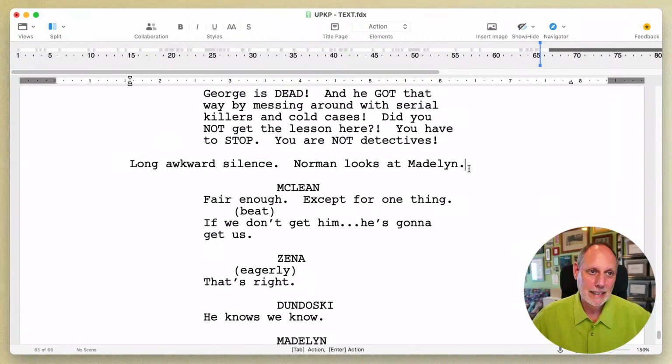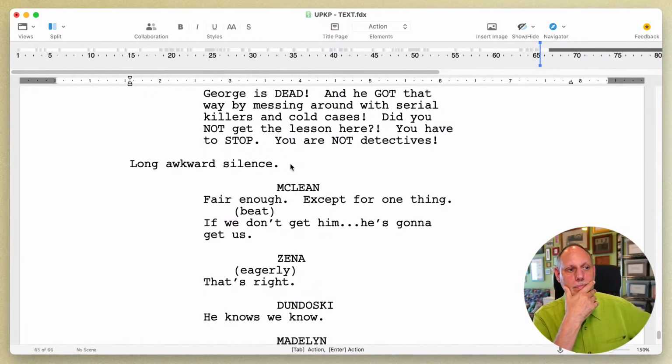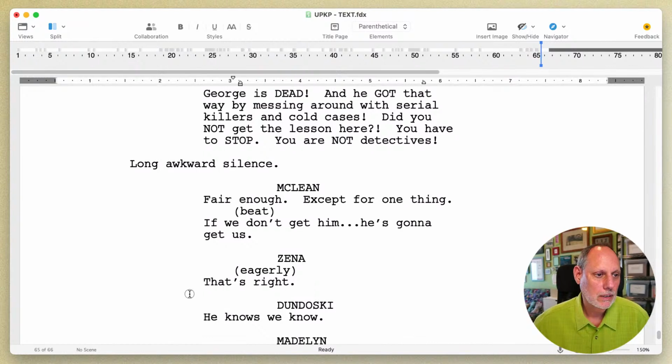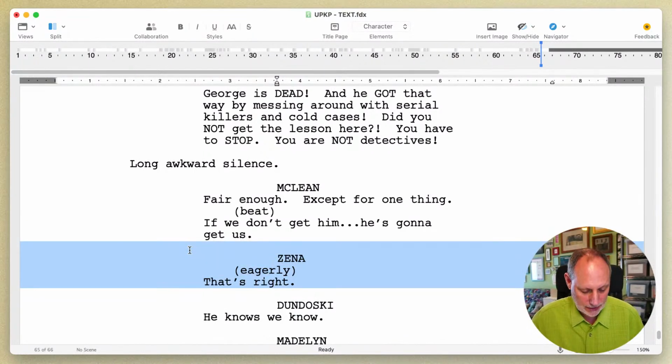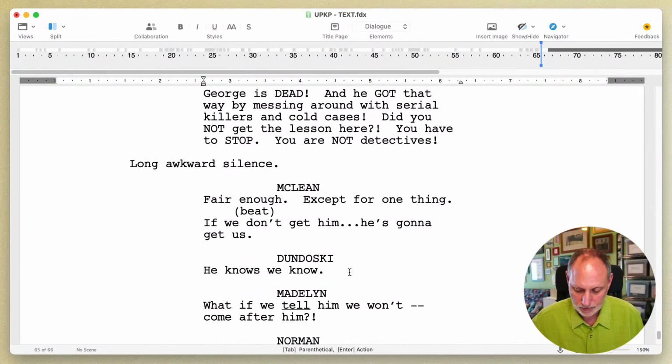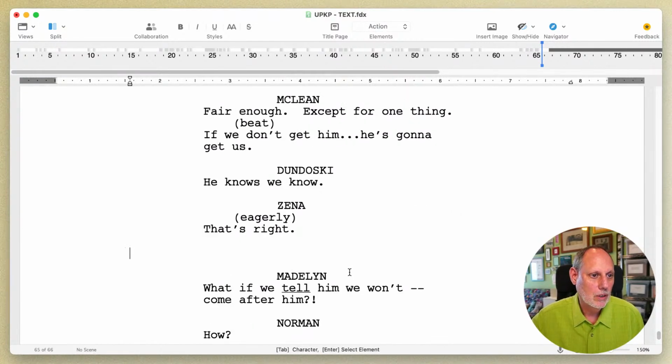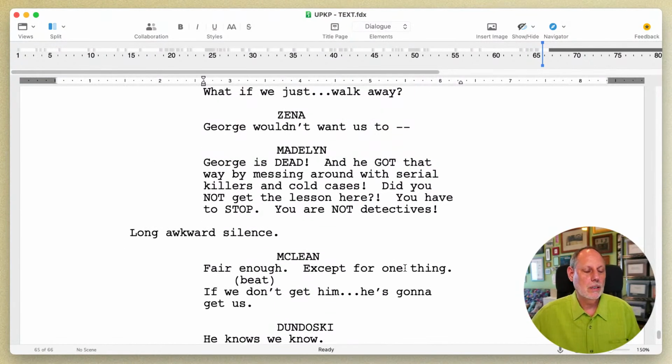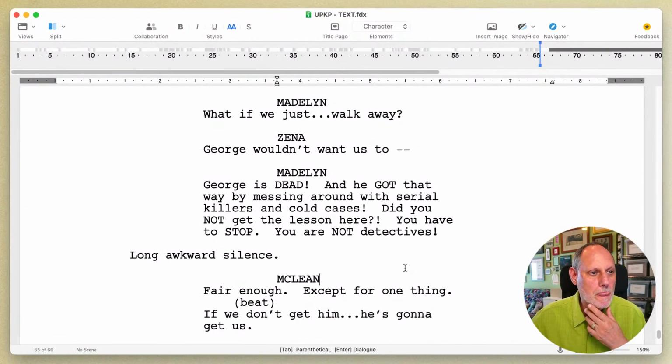Okay, Norman looks at Madeline. What does that mean? Fair enough, except for one thing. George is dead, and he got that way by messing with this.